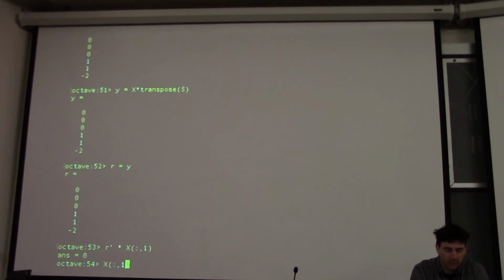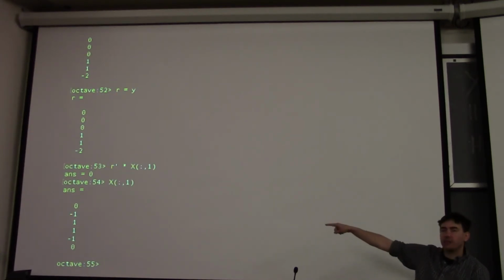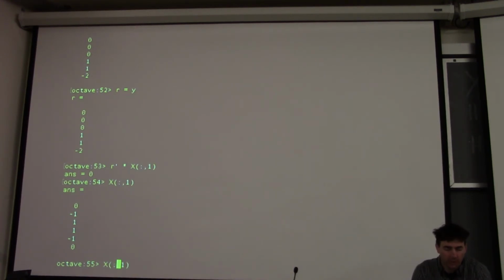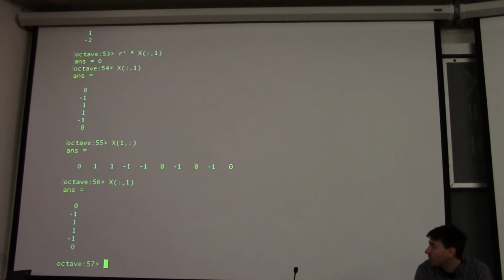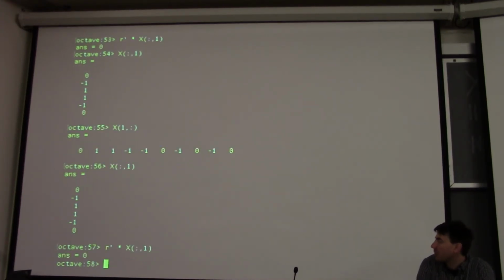If I wanted the first row, I would have done this. So this is the dot product with the first column.